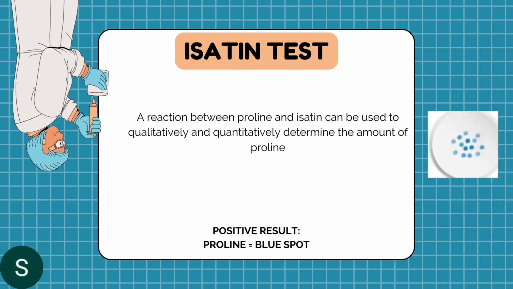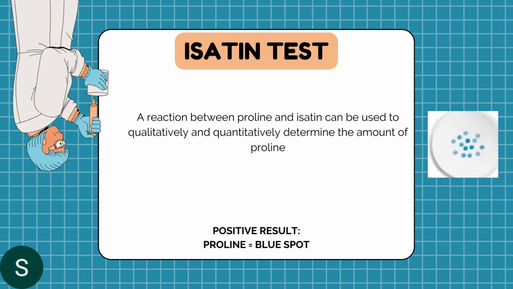Lastly, we have your isatin test. The detection of the amino acid proline for a long time had been unsatisfactory. Okay? Methods like the ninhydrin test can only detect proline after isolation from other amino acids.